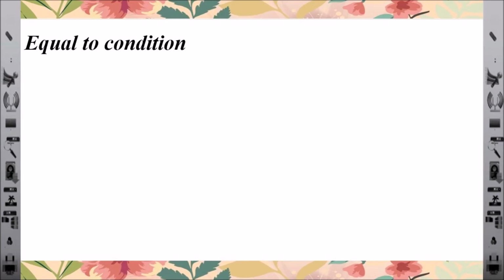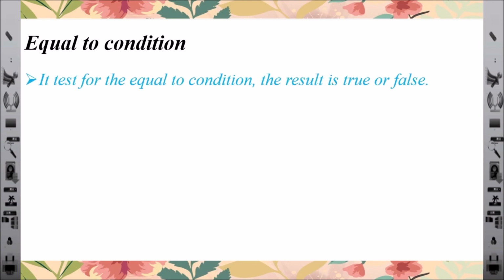Otherwise, if the two values are not equal, for example, the left hand side value is 11 and the right hand side value is 12, the equal condition is false, that means the two values are not equal, and the result output is false. It tests the equal to condition, and the result is true or false based on the condition.